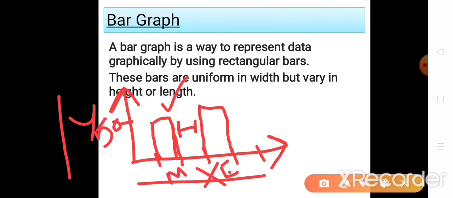Okay, so always keep that in mind. And yes, one more thing, whenever you are drawing your bar graph, always use a sharp pencil and a ruler and draw it properly. Okay, be very attentive with full concentration. You are supposed to draw your graphs, be it any graph. For the time being, you're dealing with bar graphs, so consider it to be very important.